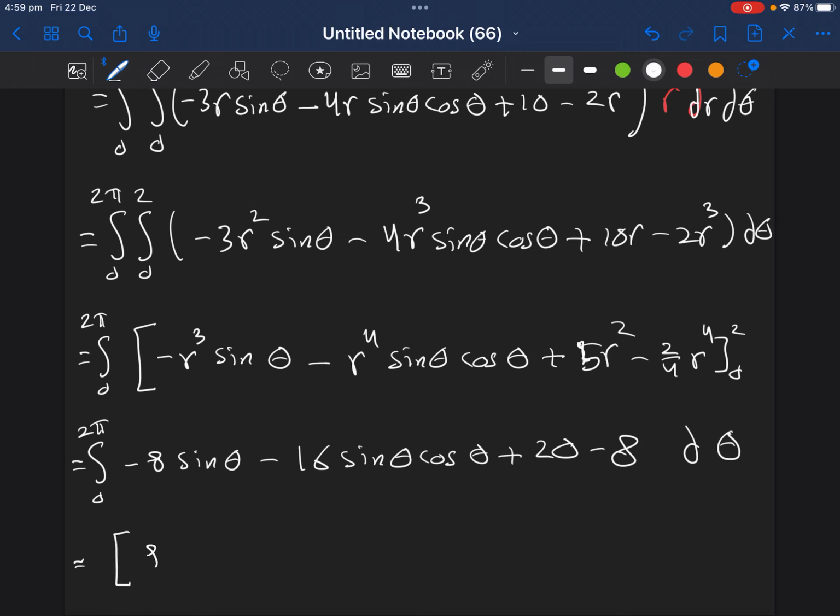This will be 8 cosine theta minus, this can be a function with its derivative, so it will be sine squared theta over 2 plus 12 theta from 0 to 2 pi.